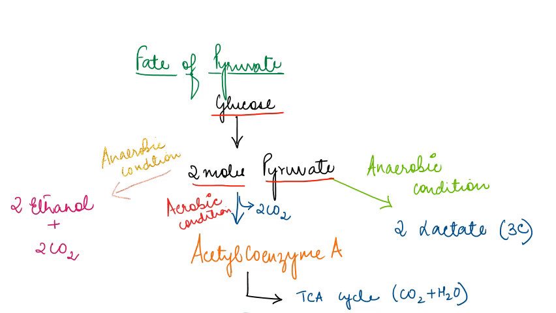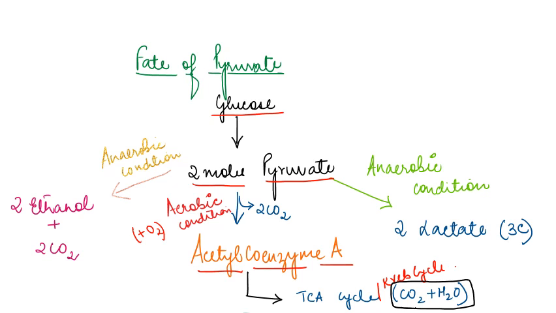If the condition is aerobic, and aerobic means oxygen is present inside the cell, then it will move to acetyl coenzyme A. It gets converted to acetyl coenzyme A, which then enters into another cycle, which we call the TCA cycle or Krebs cycle, and here it releases carbon dioxide and water as end products. Right? This is the fate of pyruvate in case of aerobic condition, whenever oxygen is present.